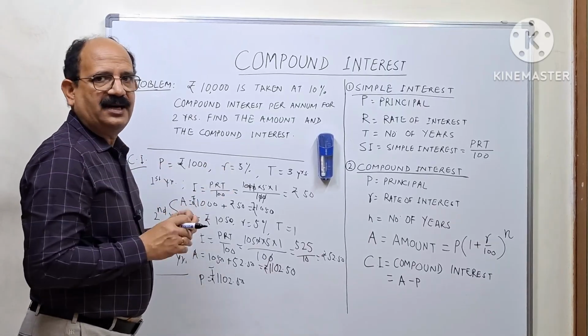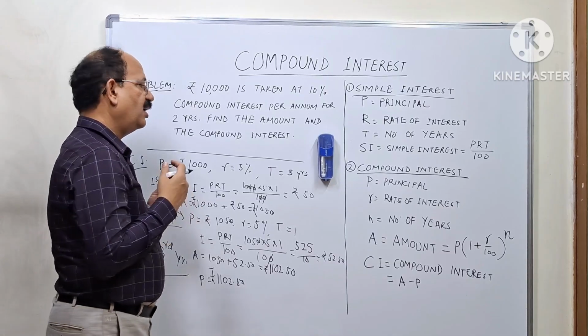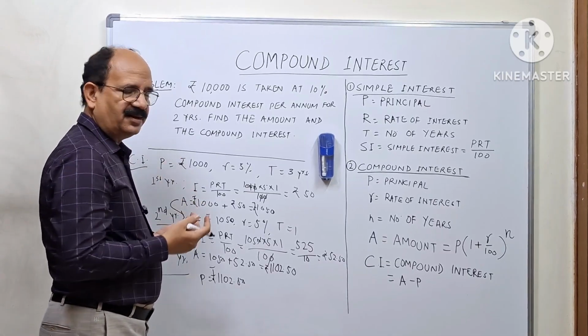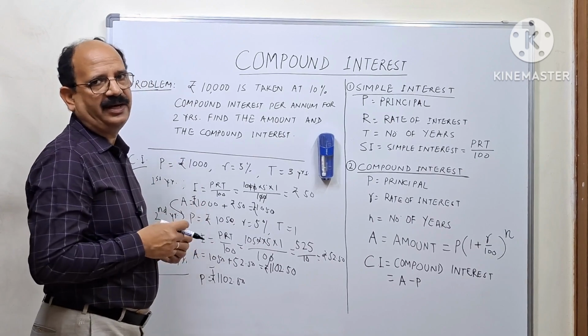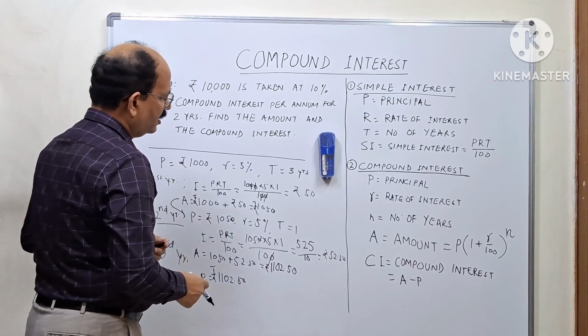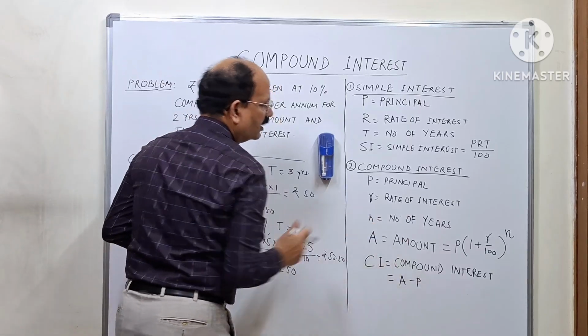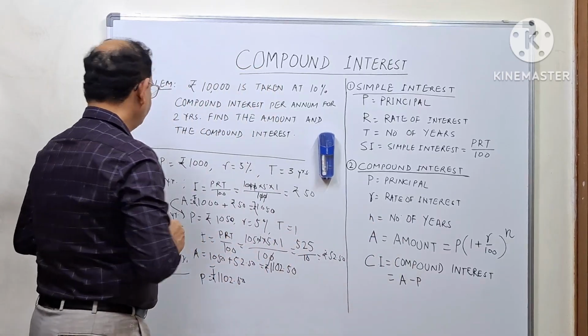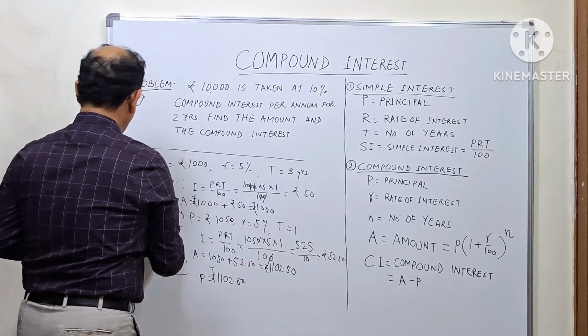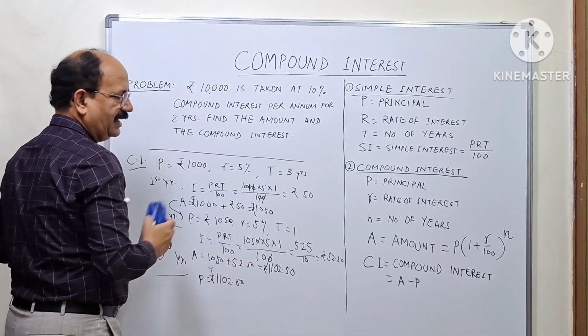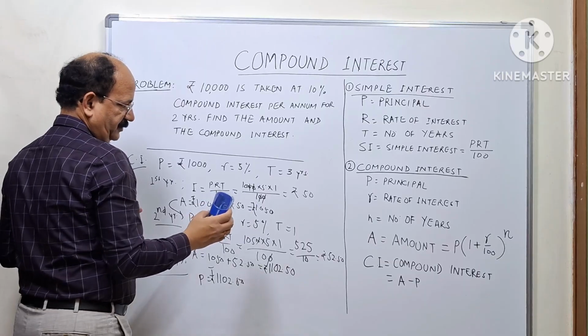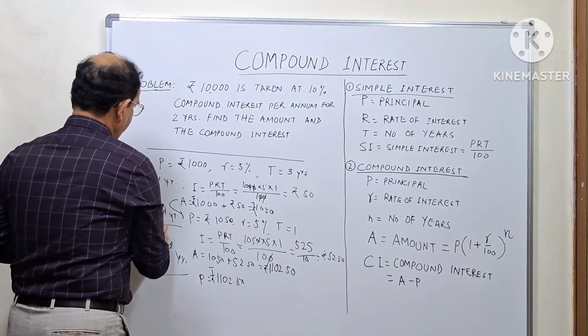So by this example, you have clearly understood what is simple interest, what is compound interest, how these calculations are done, right? Let's talk about this formula, how this formula comes. Okay, let us look at it this way. We have understood how we calculate the compound interest.